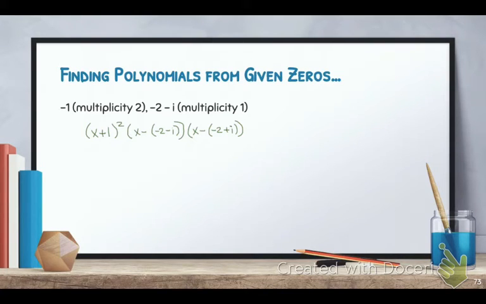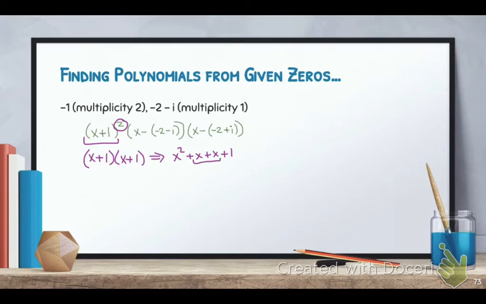So this x plus 1 to the power of 2, well, that just means that I have x plus 1 times x plus 1, right? Because it's to the power of 2, that means there's 2 of them. So we're just going to distribute that out. So x squared plus x plus x plus 1, right?